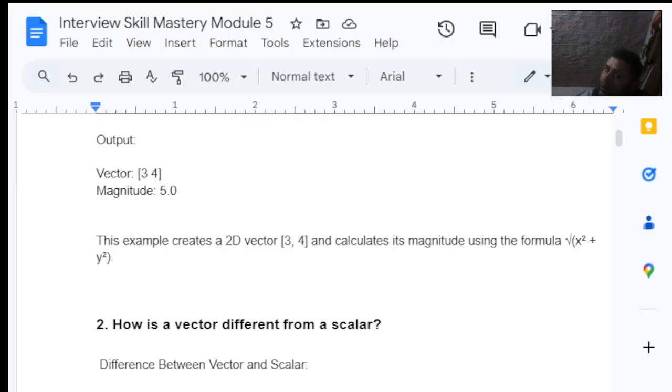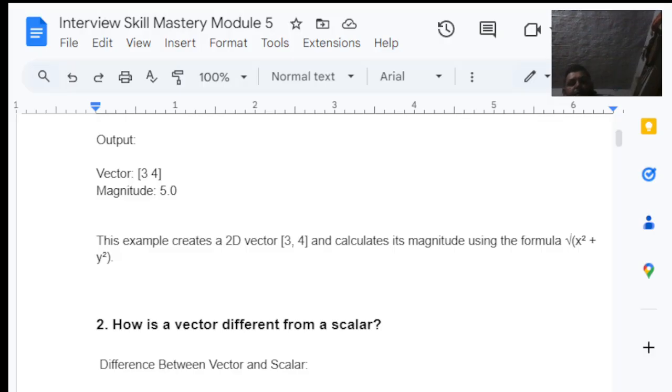So this is also direction with magnitude. And in scalar, speed equals to 60 km per hour, only the speed. So this is the main difference of vector and scalar.